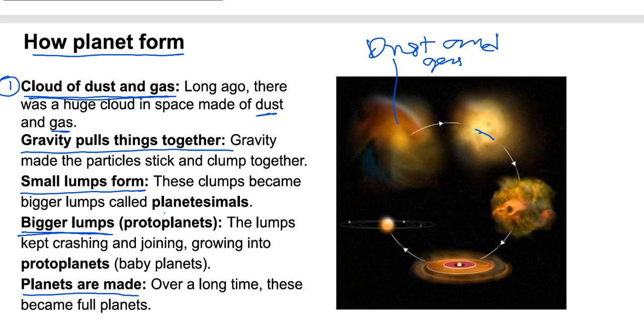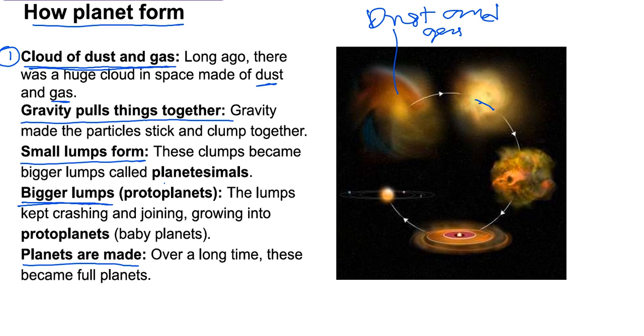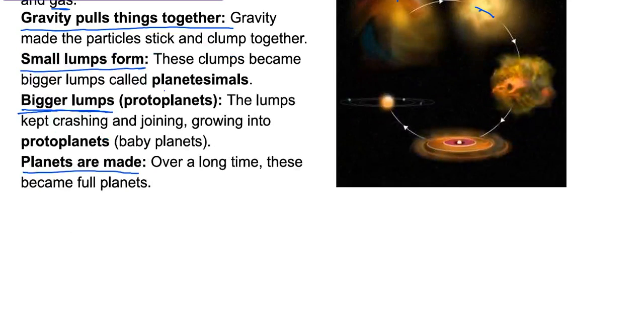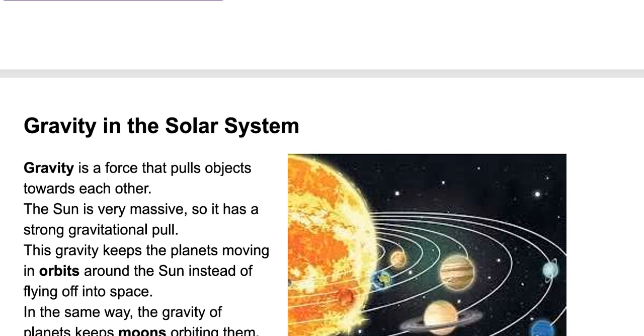So first, a cloud of dust and gas. Second, gravity pulls this cloud of dust and gas together to form small lumps, and continuous pulling of this dust and gas together will lead to larger or bigger lumps, which form the planet. So that's how planets are formed. It's formed from dust and gas pulled together by gravity.